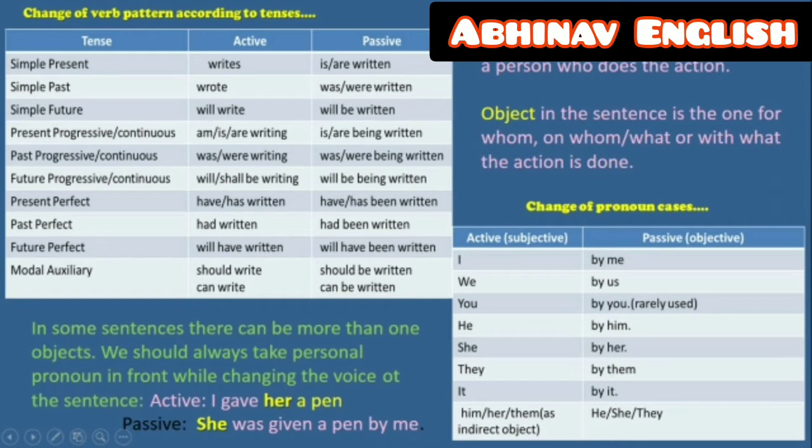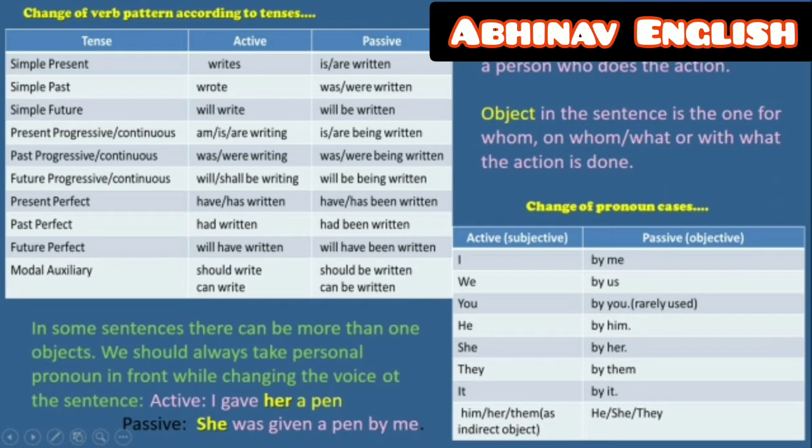Friends, for change the voice, we must know various forms of verbs according to tenses. As you can see in the picture, if the verb in active sentence is writes, that is simple present, then we make it is or are plus written in passive. Likewise, in simple past, we have wrote in active and was written in passive.